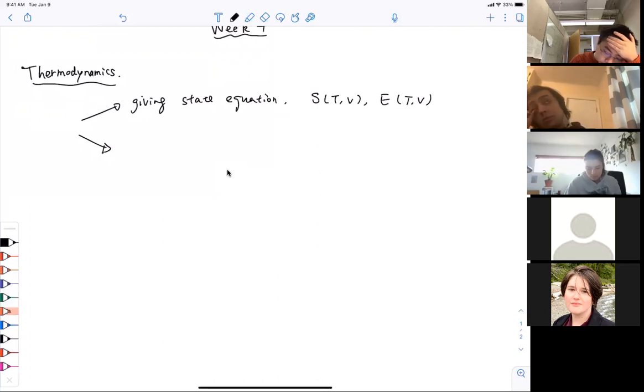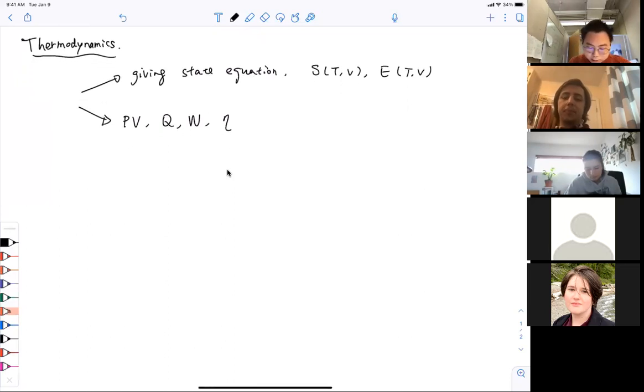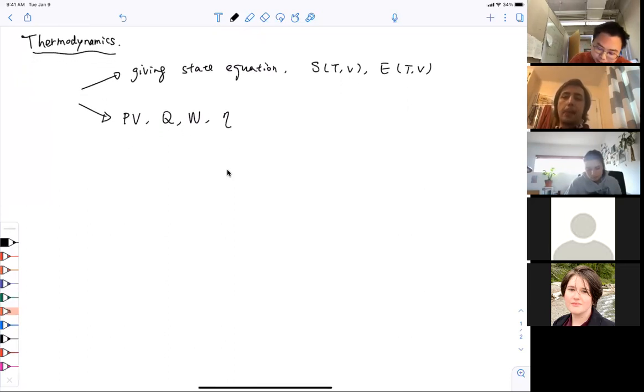Another kind of problem is the PV diagram, and you need to calculate the heat versus the work done by the system in each process, and the efficiency of the whole process, right? Okay, so let's start with the first part.